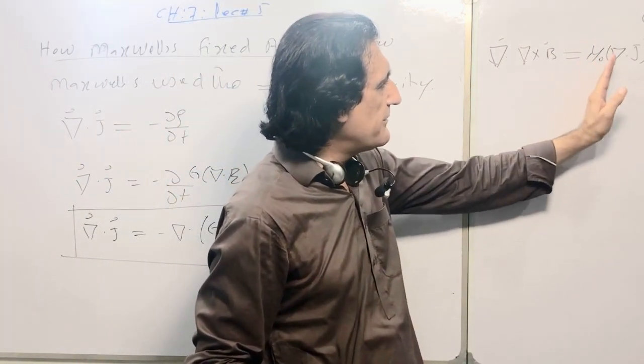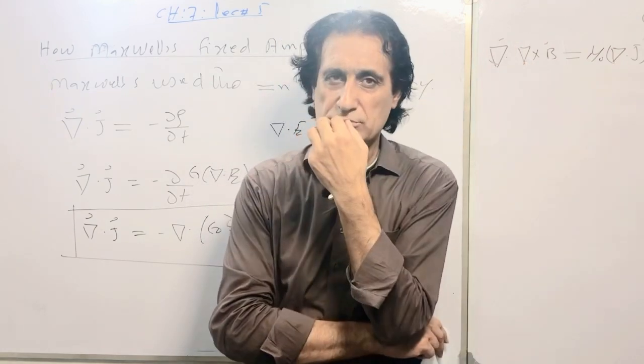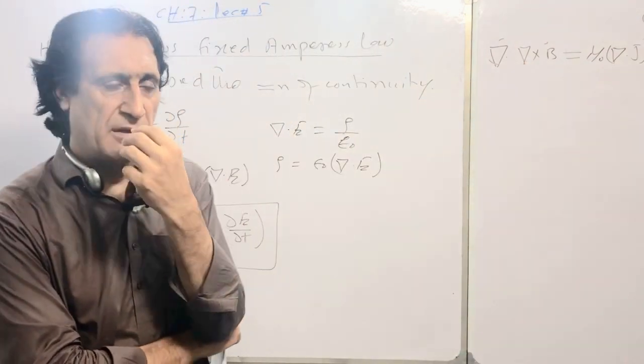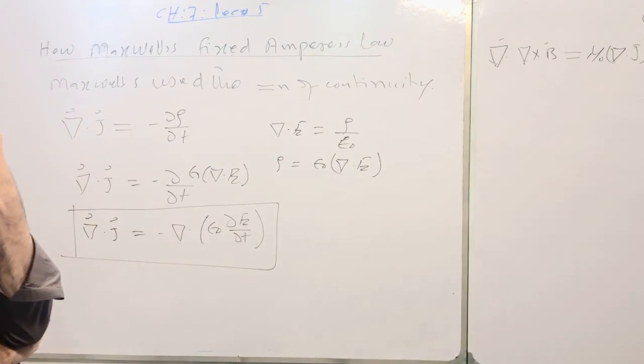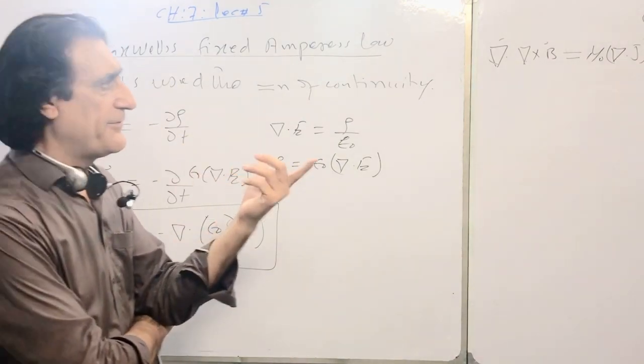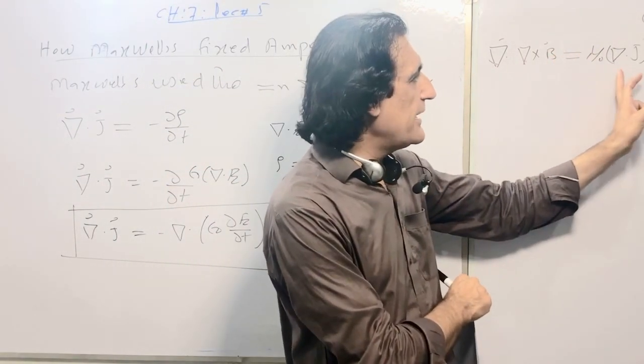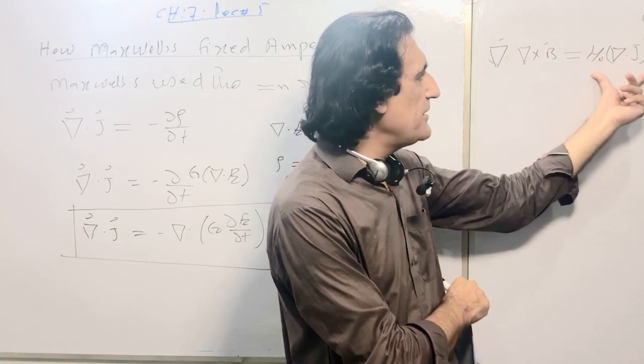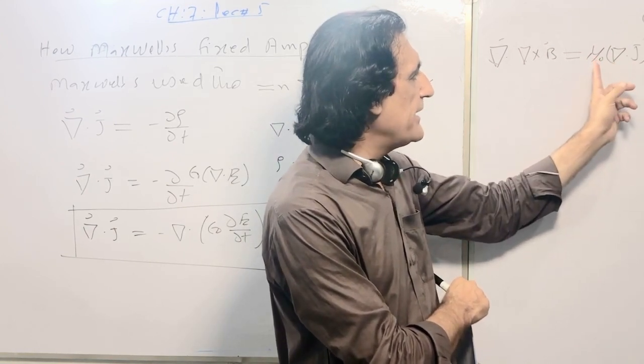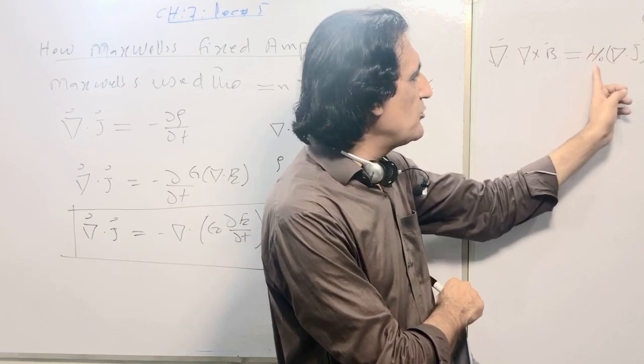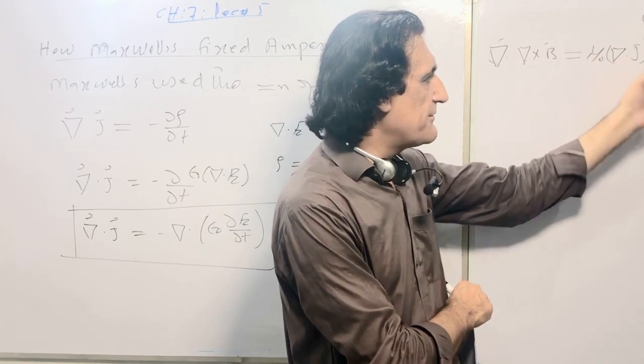The right side of this equation may be equal to 0 only if I subtract mu naught del dot J from this equation.